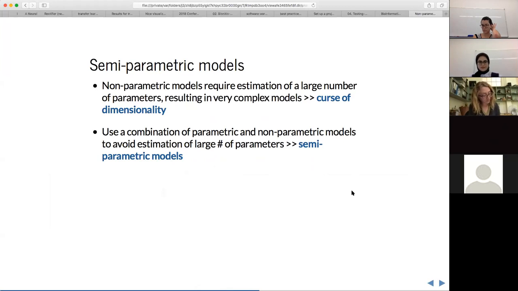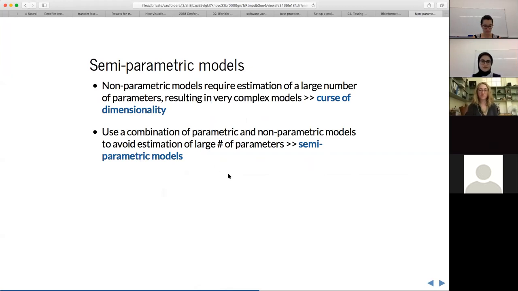So imagine as the dimension increases, you have to estimate more and more parameters. And this will have an issue of the curse of dimensionality. The model eventually will become very complex. It becomes less generalizable or adaptable to other situations.